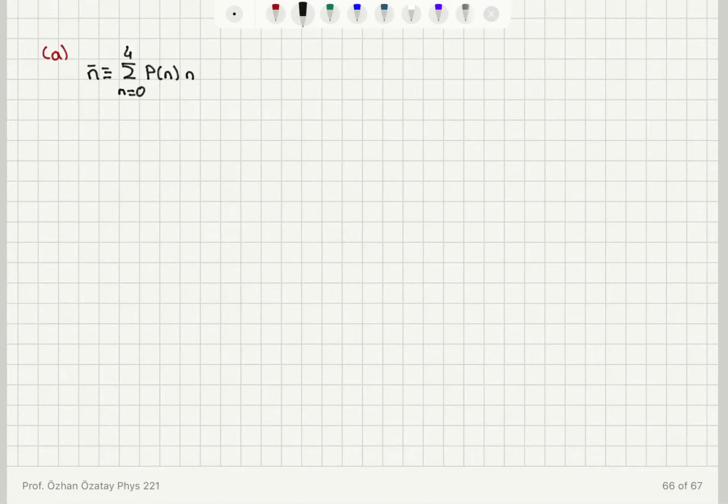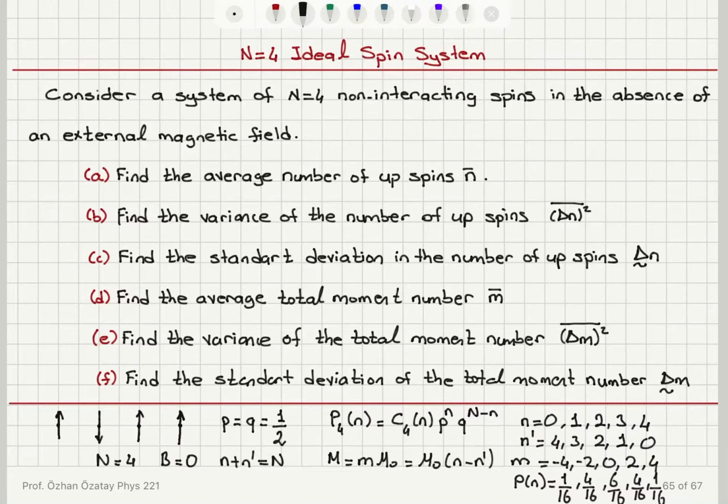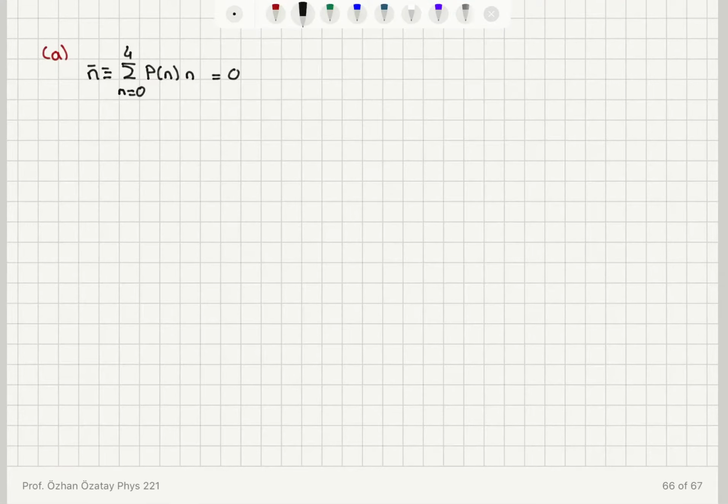So let's look at these one by one. n equals 0 corresponds to a probability of 1 over 16, plus n equals 1 corresponds to a probability of 4 over 16. Then I have n equals 2, 6 over 16, n equals 3, 4 over 16, and n equals 4, 1 over 16.